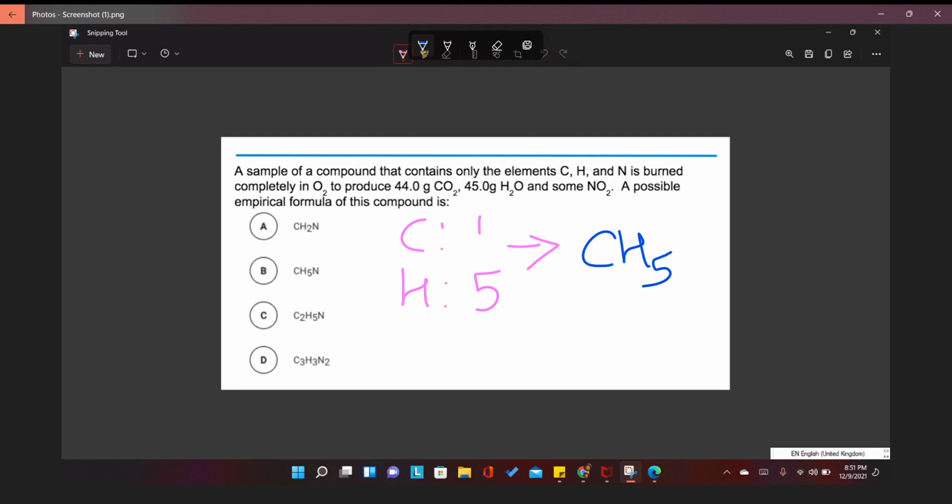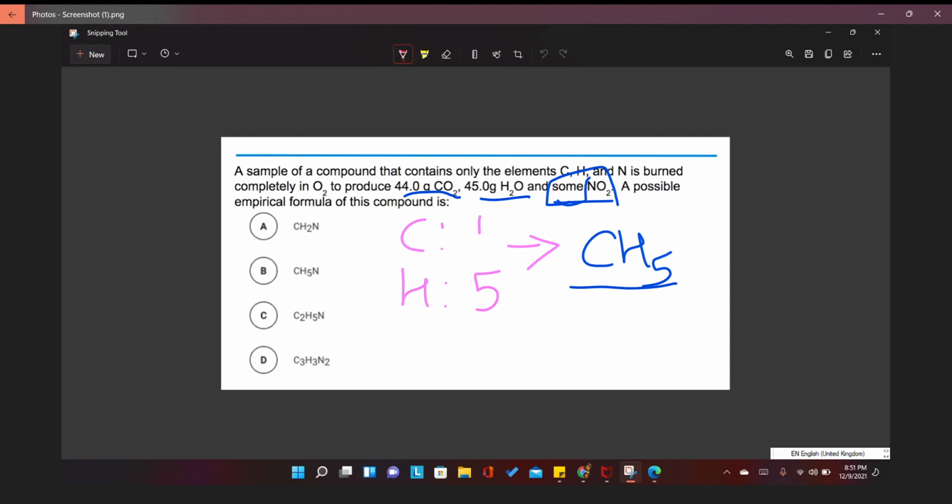Now, you might be like, oh, but we don't have the moles or any calculations for NO2, and we can't because it says some NO2. So we can't just assume and use the same principle that we used before, like there is only 1 carbon in CO2 and 2 H in H2O. We cannot use the same because we don't have anything to start with.